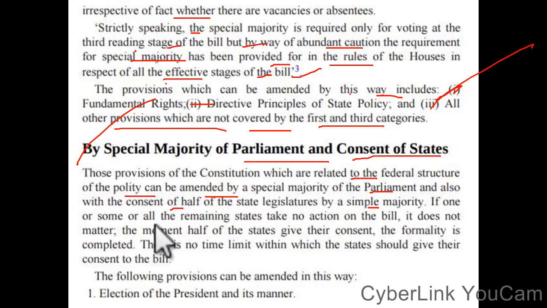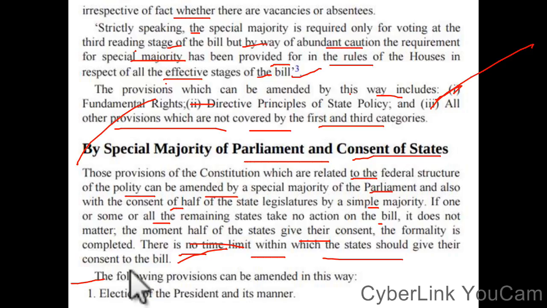If some or all of the remaining states take no action on the bill, it does not matter; the moment half of the states give their consent, the formality is completed. There is no time limit within which the states should give their consent to the bill.